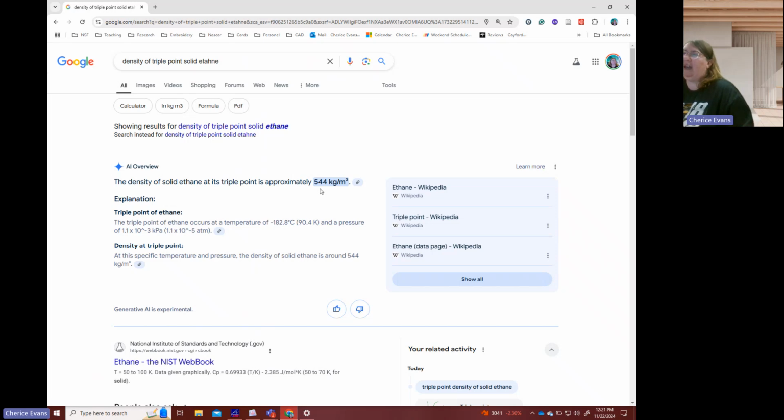That is 0.544 grams per milliliter, which is the conversion factor, and that is the equivalent of 18.091 moles per liter, which is reasonable.